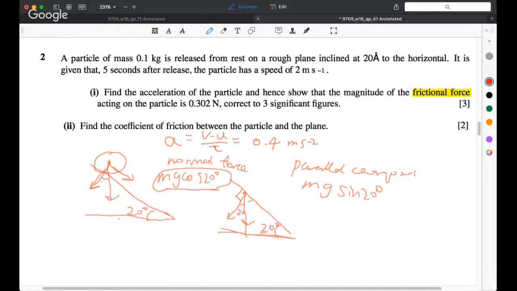How do we find out the magnitude of the frictional force? Any ideas, guys? It's the same general idea as what happened earlier on.